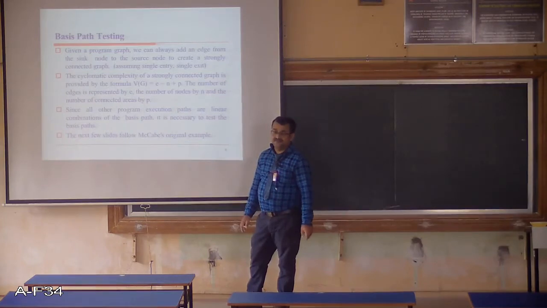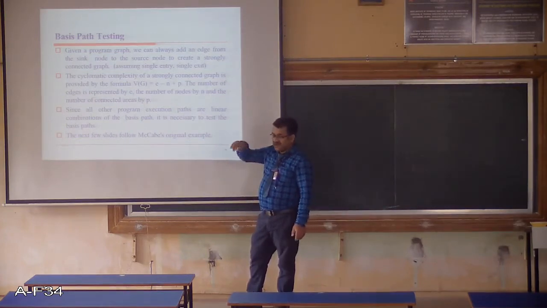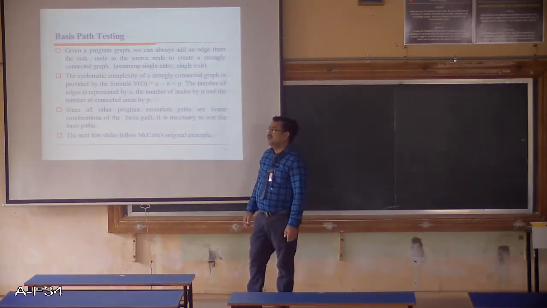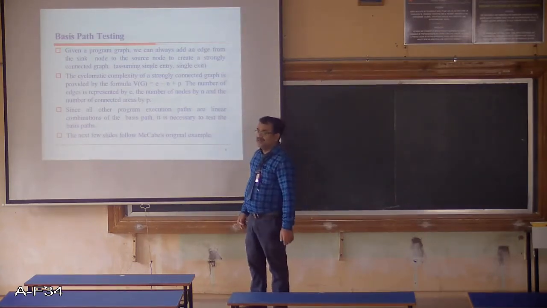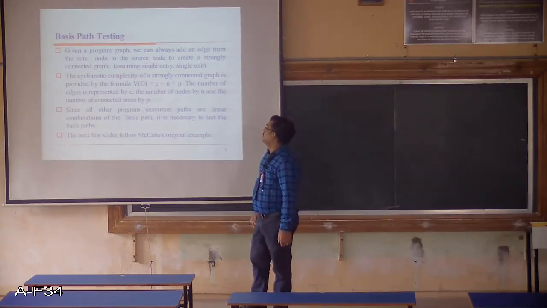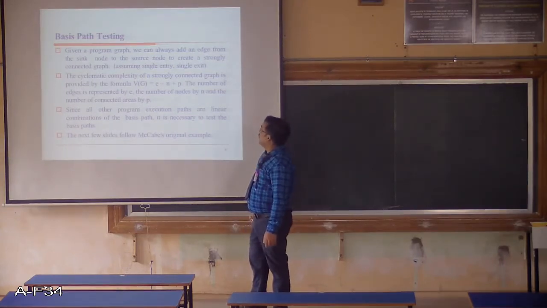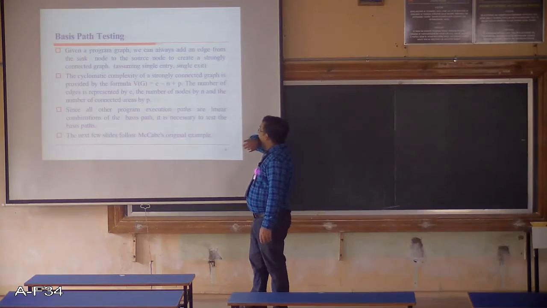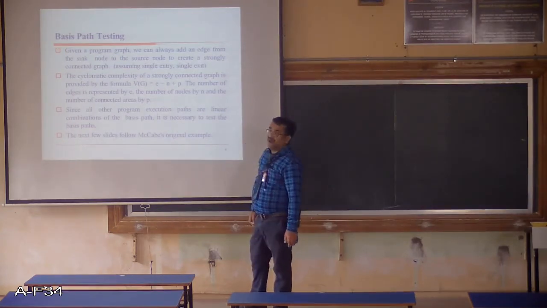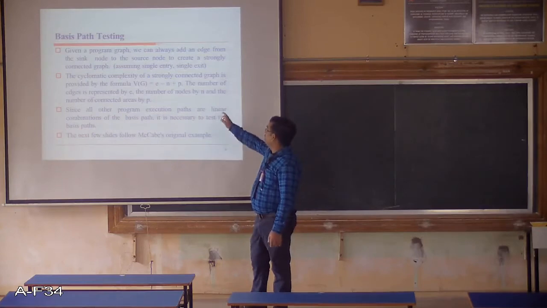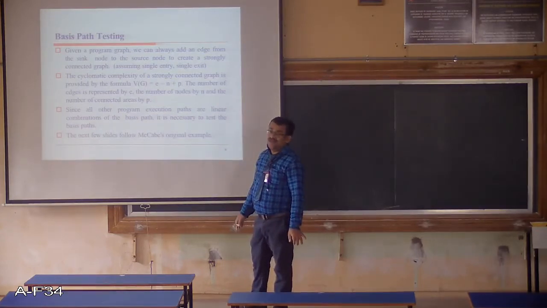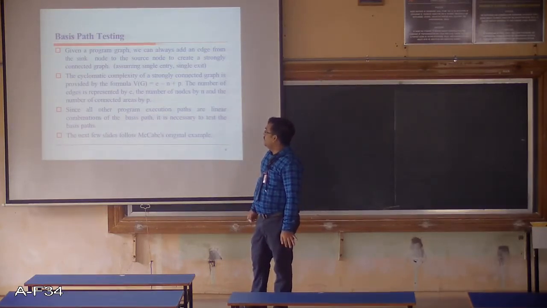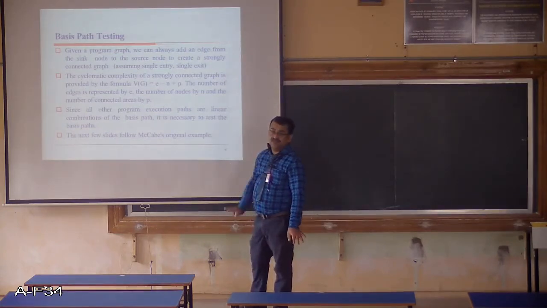So different regions which come under those independent cycles are calculated as P. So the formula for deriving the cyclomatic complexity is E minus N plus P. You have to remember this.